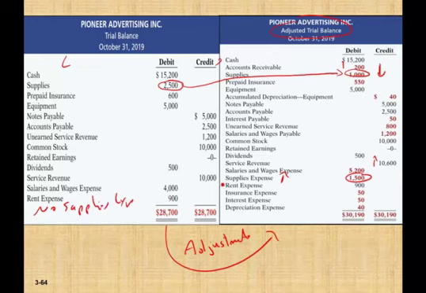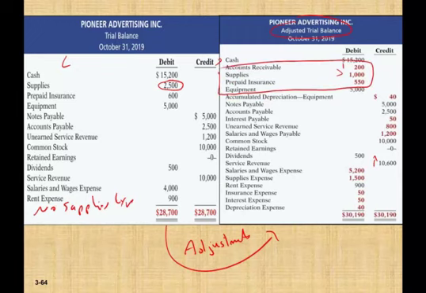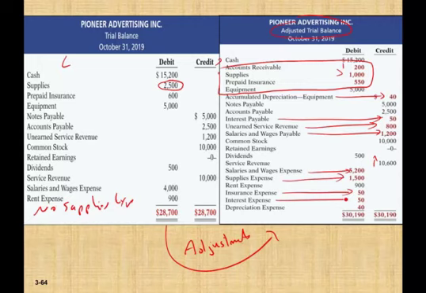Therefore, now under the adjustments, we added supplies expense. And notice all the numbers that are highlighted in red: supplies, prepaid, accounts receivable, accumulated depreciation, interest, unearned revenue, wages payable, salaries and wage expense, supplies expense, insurance expense, interest expense, depreciation expense. Those were all part of the adjustments that we prepared.